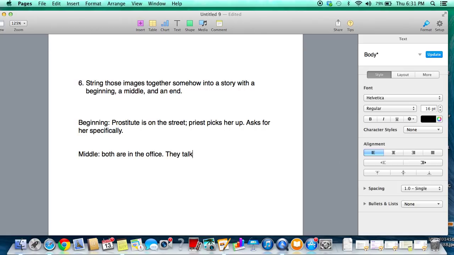They talk. There's a lot of dialogue here. We learn more about each character here. And we get to see the essence of both of them in how they relate to each other.